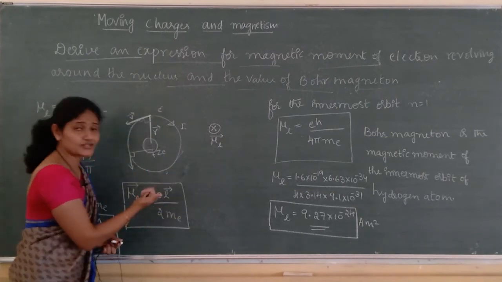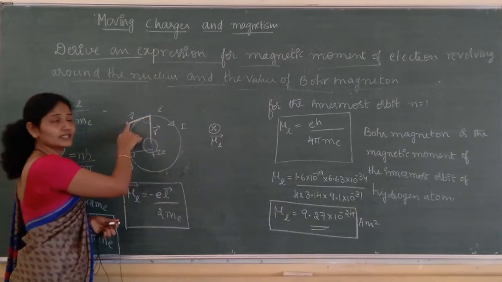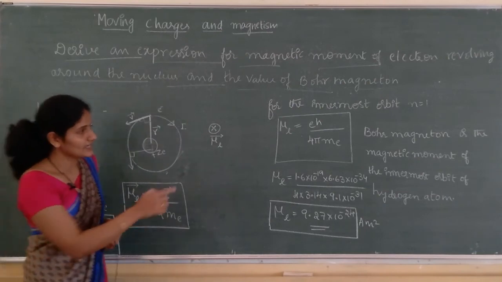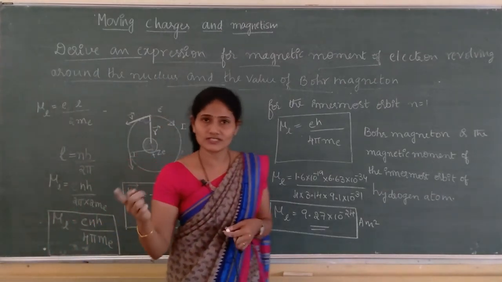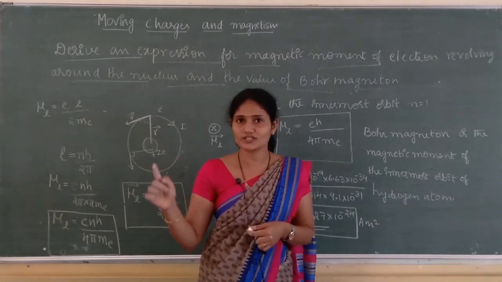Let us see what is the direction of angular momentum. This is the direction of V or P, this is the direction of R. We know that L vector is equal to R vector cross P vector.